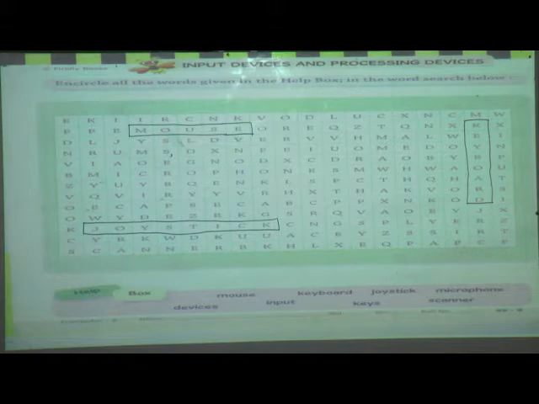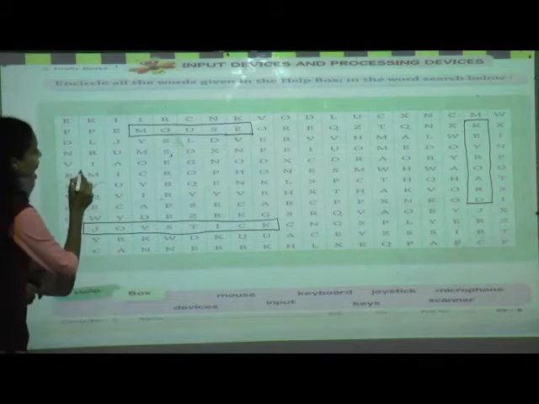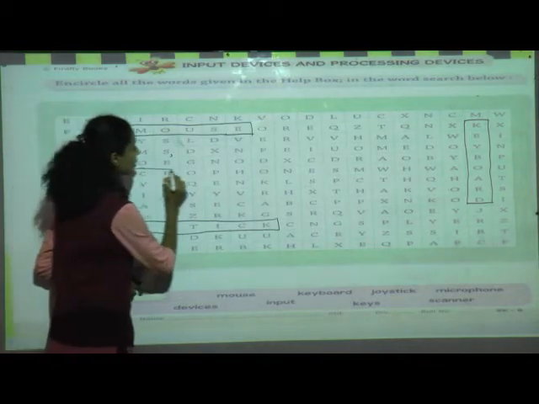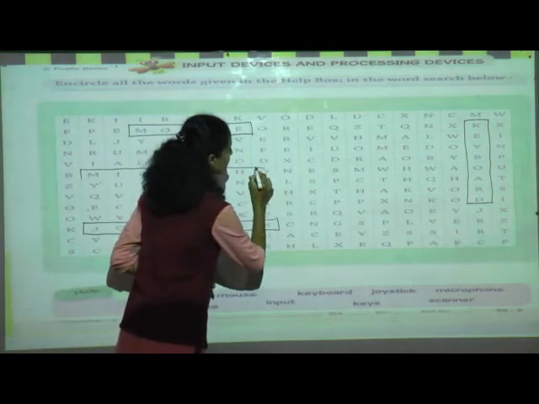Next is microphone. Where can we see the spelling of microphone? M-I-C-R-O-P-H-O-N-E, microphone. Here is the spelling of microphone. Using pencil and scale we have to draw the line.